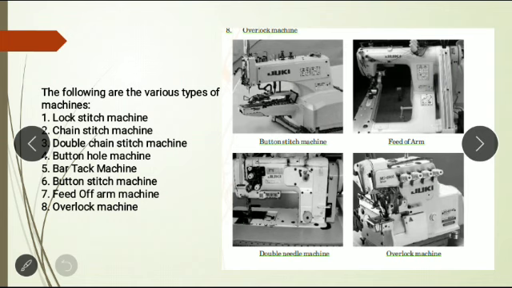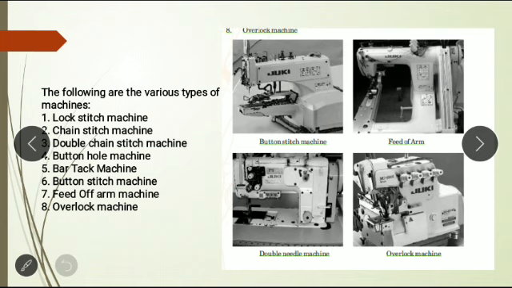Now I have mentioned various types of machines here, and I have also put some pictures. Like we have lock stitch machine, we have buttonhole machine.